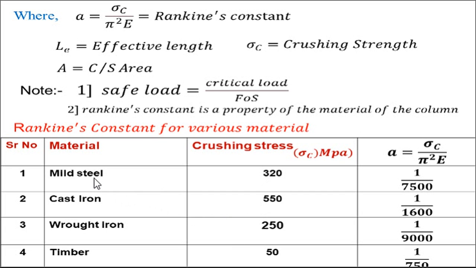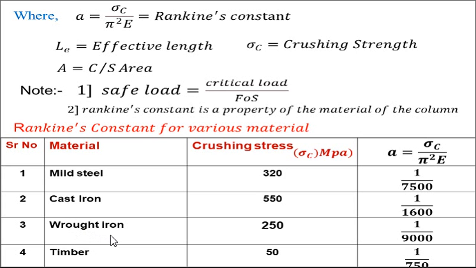First of all, the mild steel material, whose crushing stress is 320 megapascal, and Rankine's constant, small a, for mild steel is 1 divided by 7500.